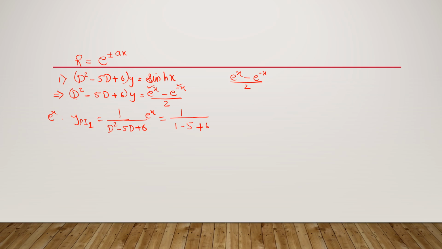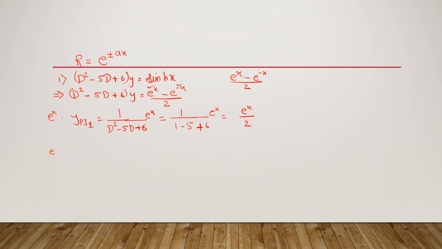If the denominator is not equal to 0, then the solution will be e^x divided by the sum of the denominator after substitution. So 6 + 1 = 7, minus 5, that will be equal to 2. So the solution for e^x is e^x/2.